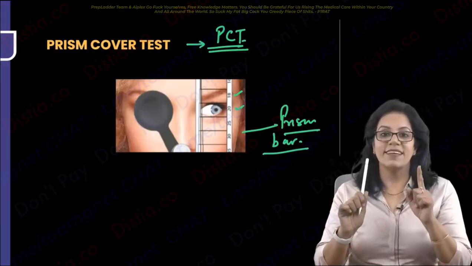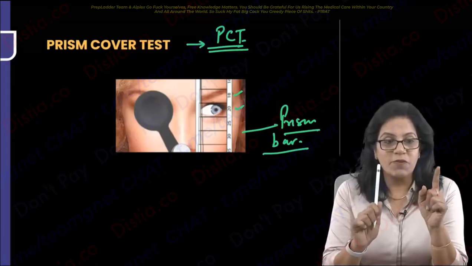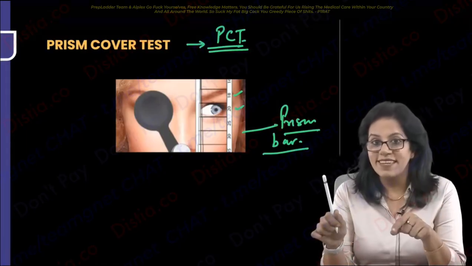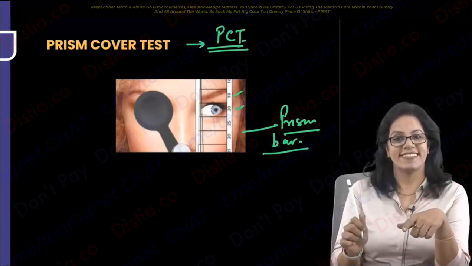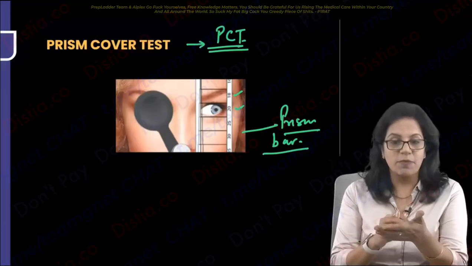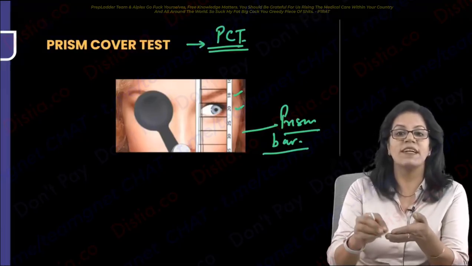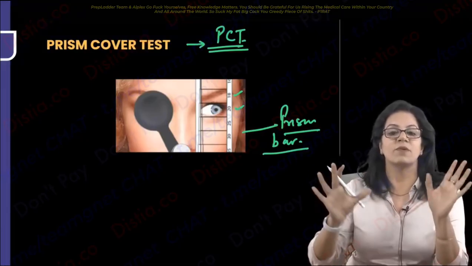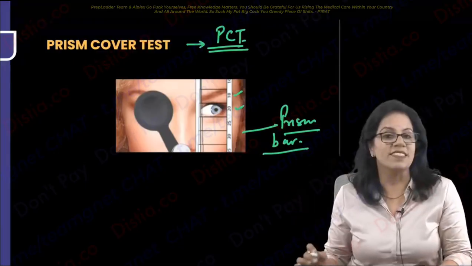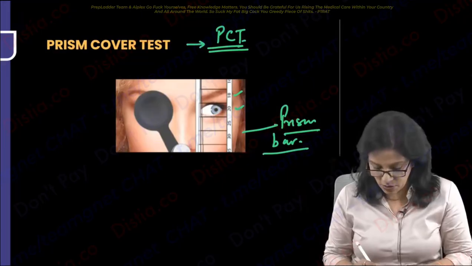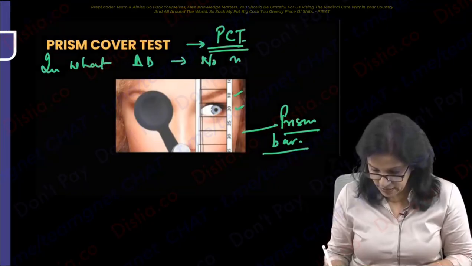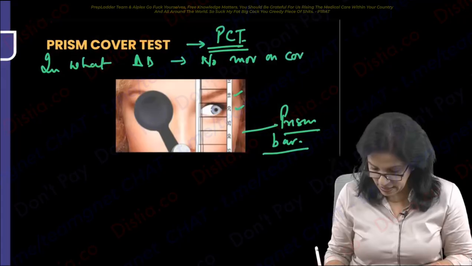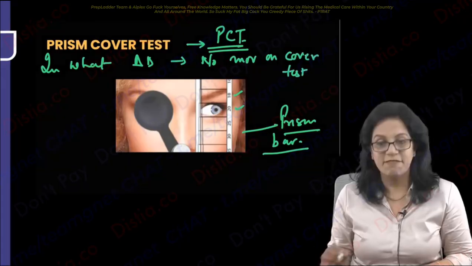What is the amount of prism in prism diopters at which there is no movement in the cover test? Did you understand? At what prism diopter there is no movement in the cover test will be the exact amount of squint. This is what is PCT. Can you write it with me? In what prism diopter there is no movement on cover test, that will be the exact amount of squint.